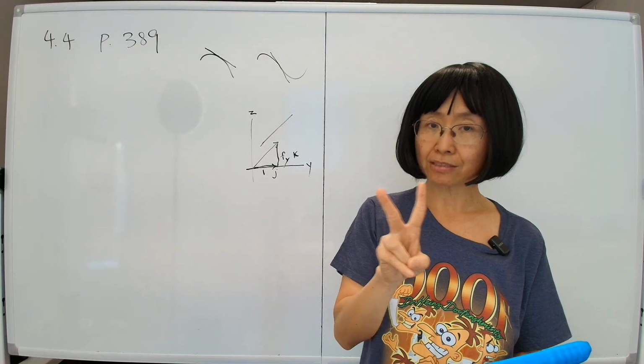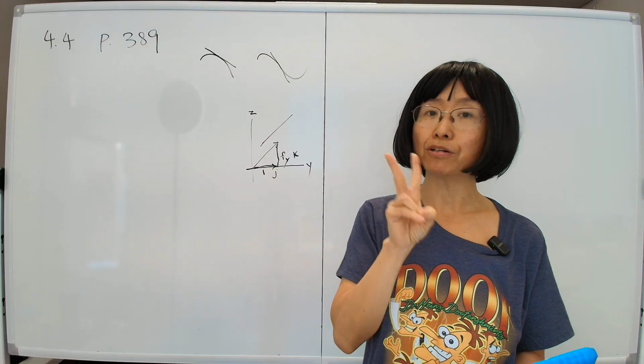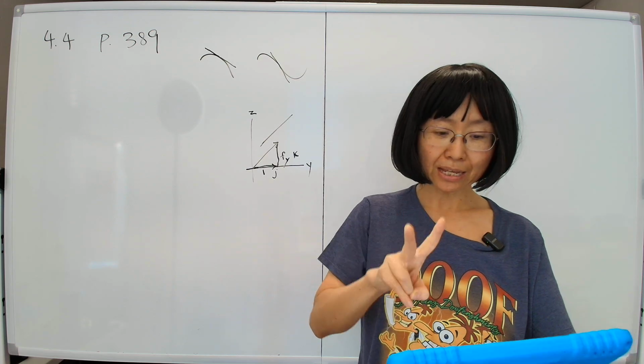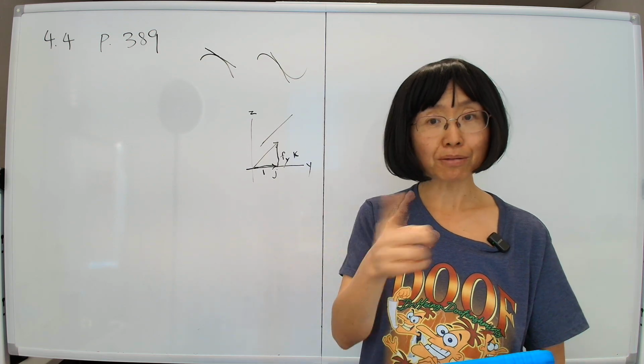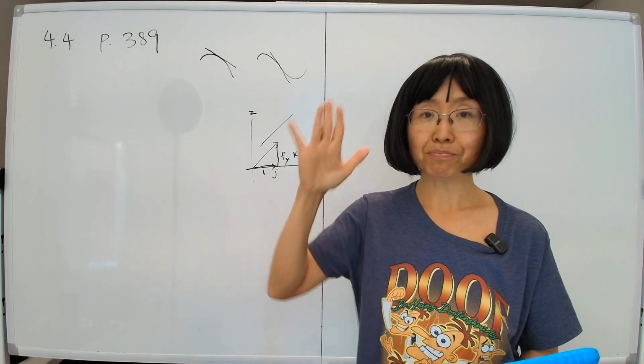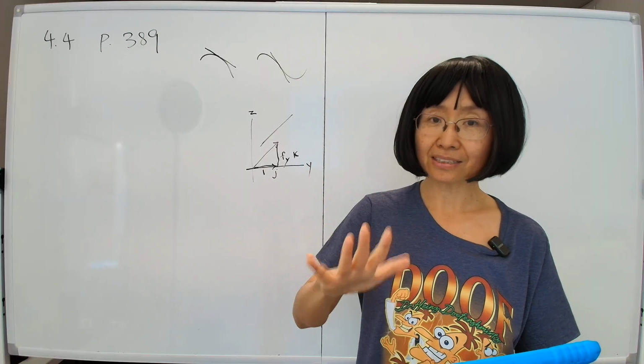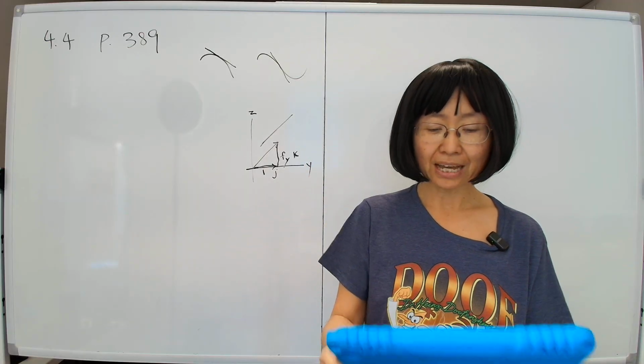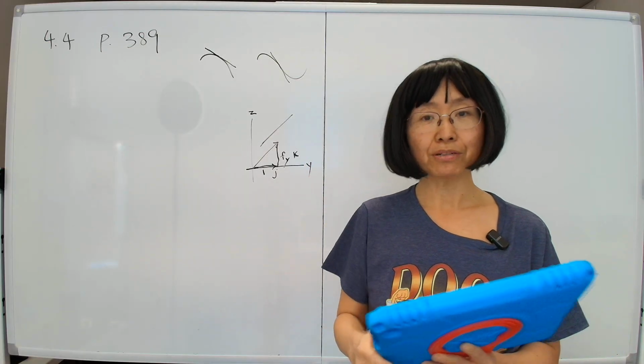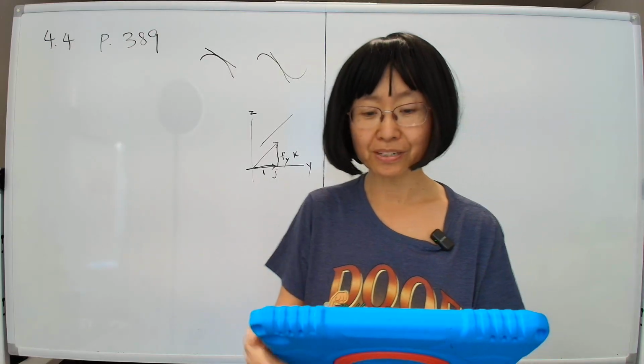Because two crossing lines that are not parallel will define a plane. And that plane represents basically the entire tangent plane of our surface, which is why we do the partial derivatives.